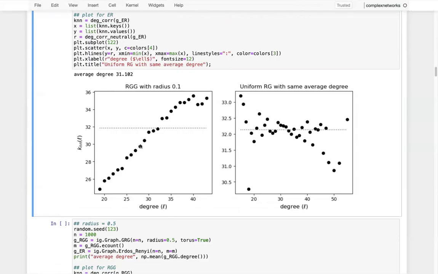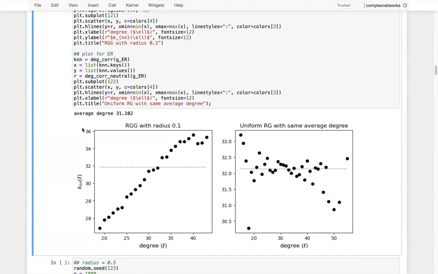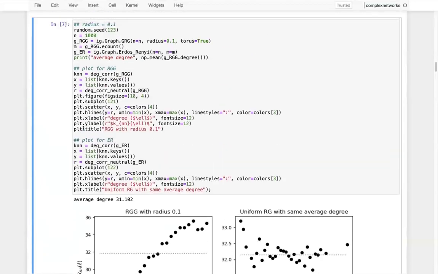And you can clearly see the positive correlation in the case of the random geometric graph, while for the Erdős-Rényi, the correlation is more or less equal to 0 in this case. The dashed line corresponds to the KNNL hat, which is the value you would get for a neutral graph given this degree distribution.